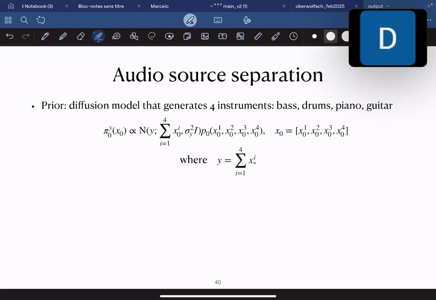You want the sound coming from each of the instruments. To do so, we take a very simple linear model. We have an observation Y, which is supposed to be the sum of the signals corresponding to each of the instruments, and we want to reconstruct all the instruments.